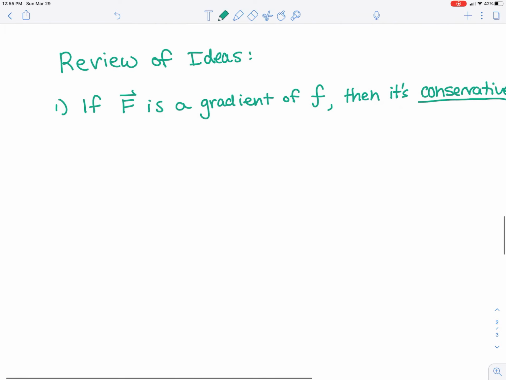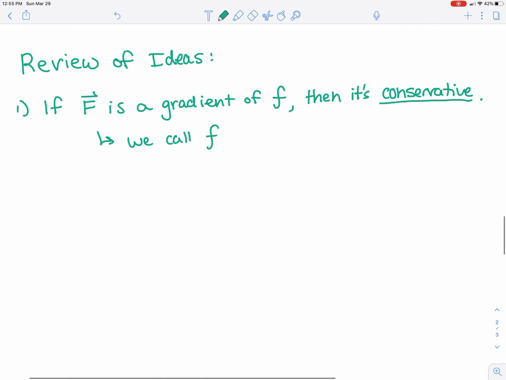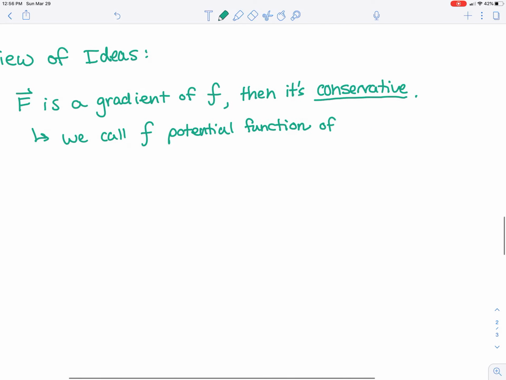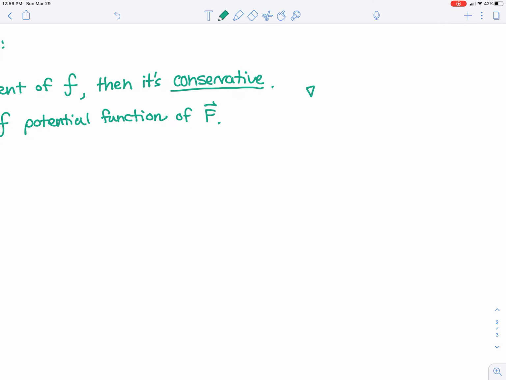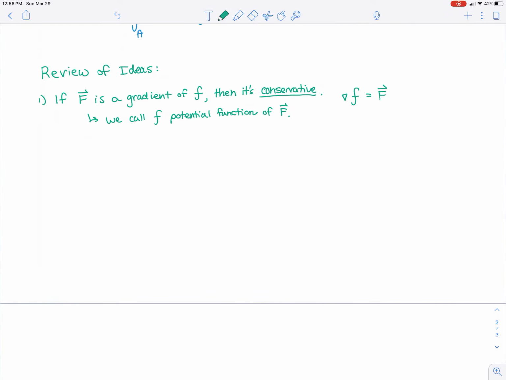In this case, we call the function we take the gradient of the potential function. So this would be written as the gradient of the potential function is equal to a conservative vector field. So that is the definition.